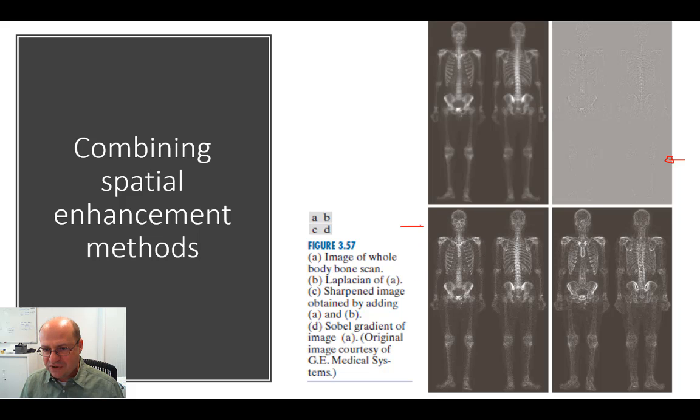Then we can sharpen this image in the same way we've done with the image of the moon, obtaining it by adding image A with image B, right? Then once we have sharpened the image, we can apply the Sobel gradient. This is the Sobel gradient applied on the original image. This is the Sobel applied on A.